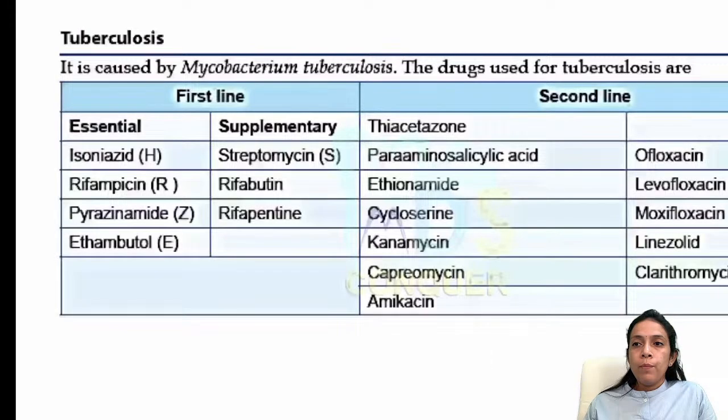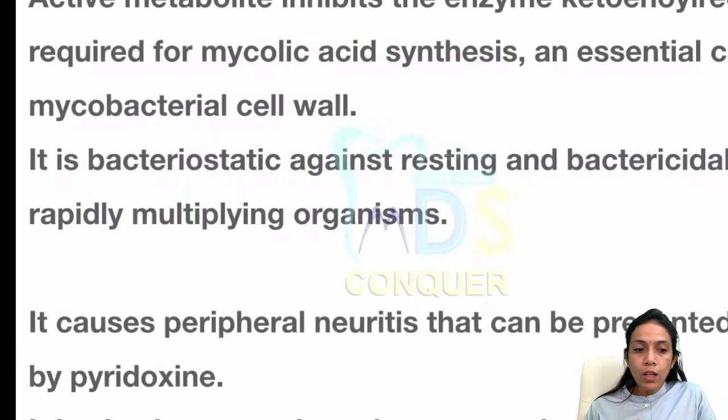In brief, what are the various anti-TB drugs? They are essential and supplementary. Essential includes isoniazid, rifampicin, pyrazinamide, ethambutol, and supplementary includes streptomycin, rifabutin, and rifapentine. These are the very important first line anti-tubercular drugs. Coming to individual discussion, the first one is isoniazid.